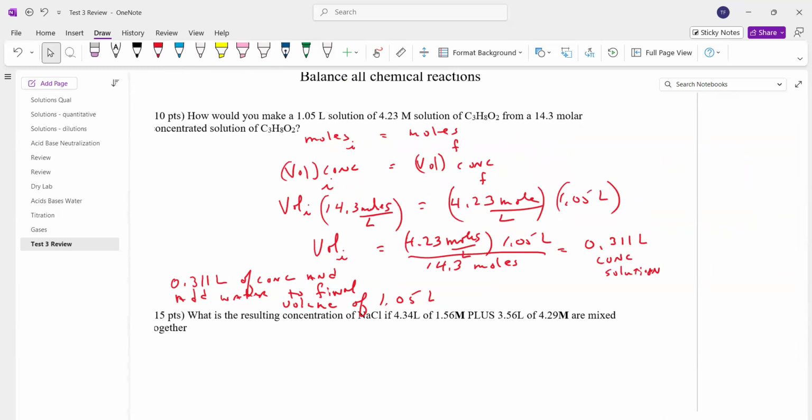Everyone okay? Is it volume? Yeah, and the initial volume is the concentrated, the final volume is the dilute.